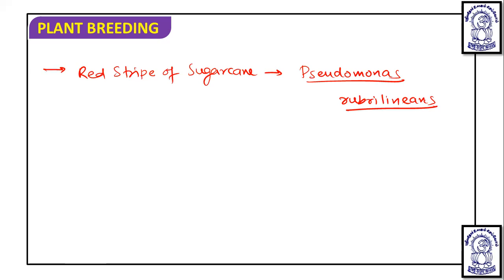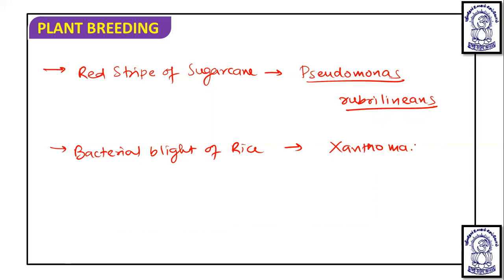Apart from this, another disorder in rice is bacterial blight of rice, and this bacterial blight of rice is caused by Xanthomonas oryzae bacteria. Okay, so these all are the bacterial disorders.